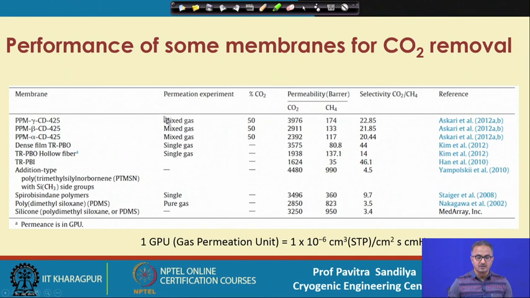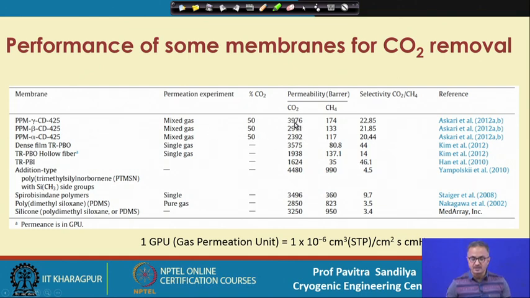And here comes the performance of some of the membranes for carbon dioxide removal. These are some commercial membranes. We find that they have been tested with different mixed gas and single gas. That means this is a mixture of carbon dioxide with other gases, and this is only carbon dioxide, and these are the percent of carbon dioxide in the mixed gas.